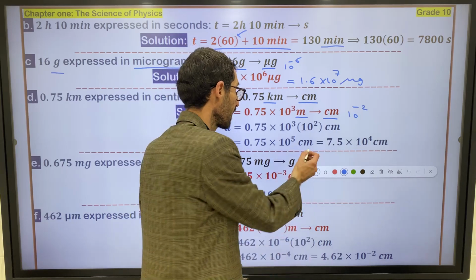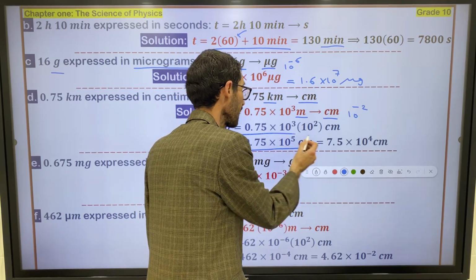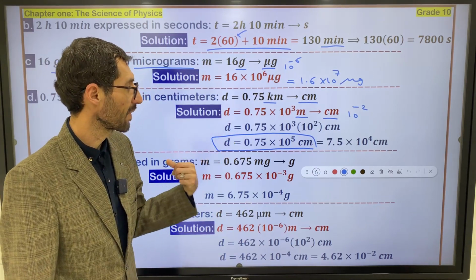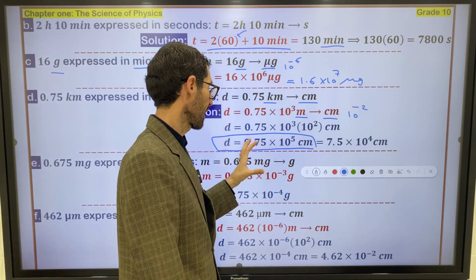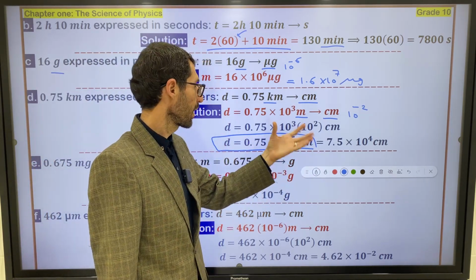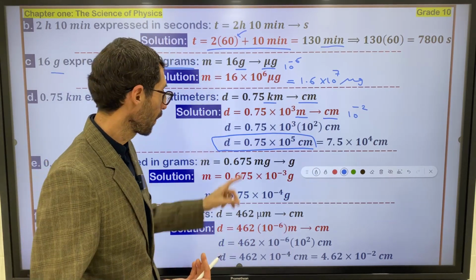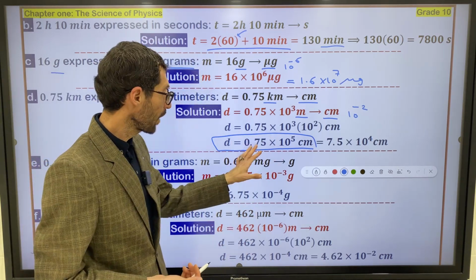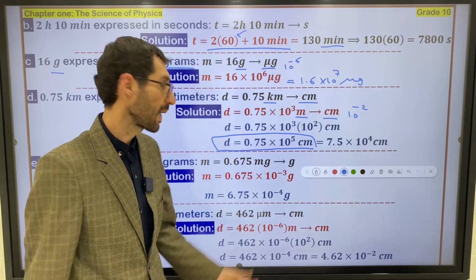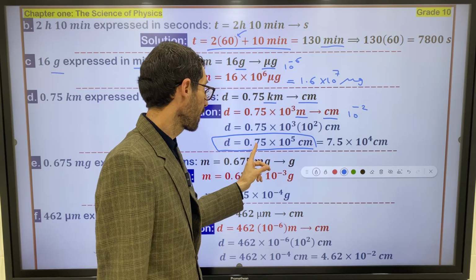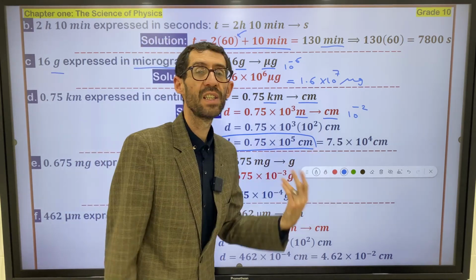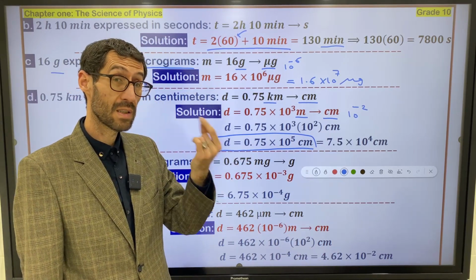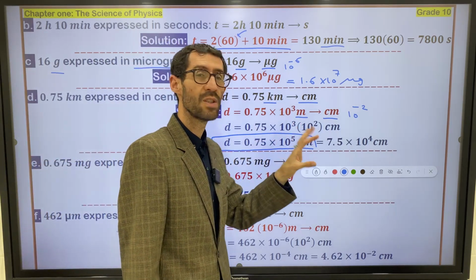And if you leave it like this, actually, it's right. It's no problem. But for simplifying the result, you can write it as a scientific notation, put a decimal point between 7 and 5. So right now we have two decimal places. By putting the point between 7 and 5, you reduce one decimal place.